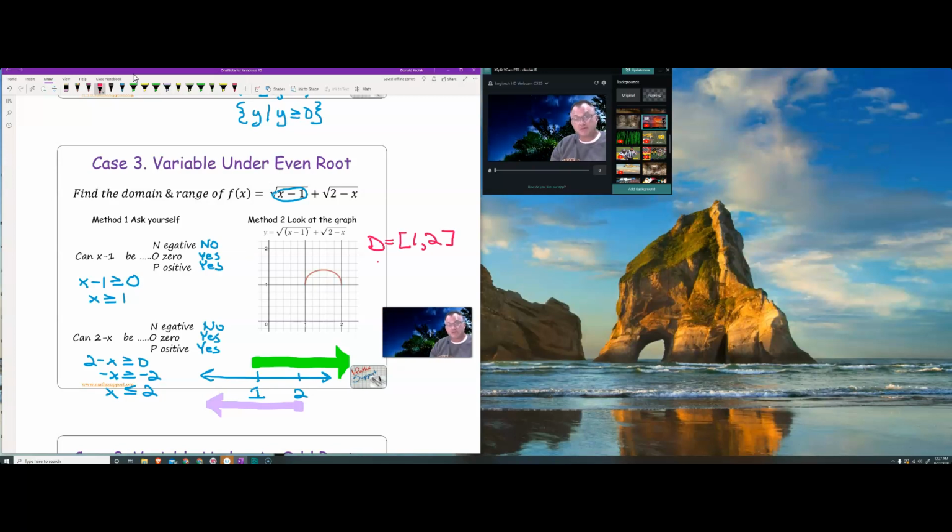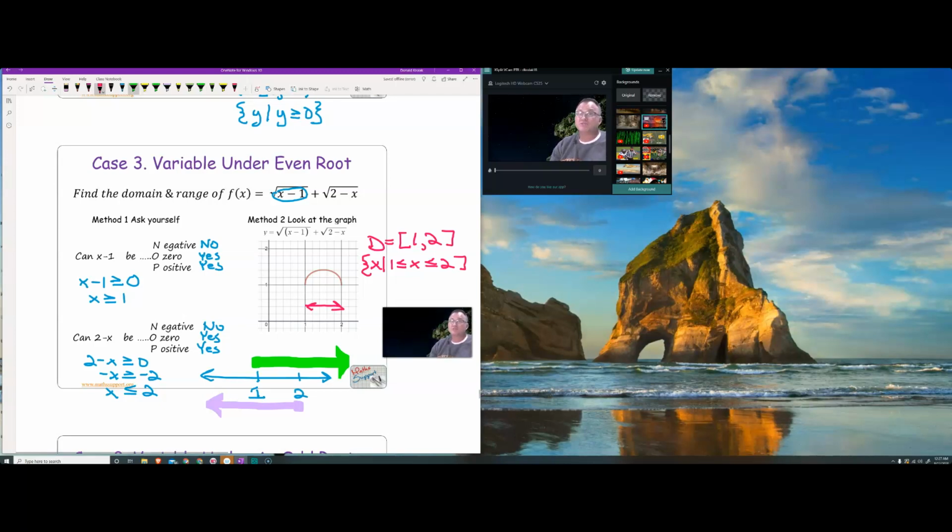In set builder notation, it would look like this: fancy bracket, the set of all x's such that x is greater than or equal to 1 but less than or equal to 2. And you can see that in the graph here. You can see the domain goes from here to here.